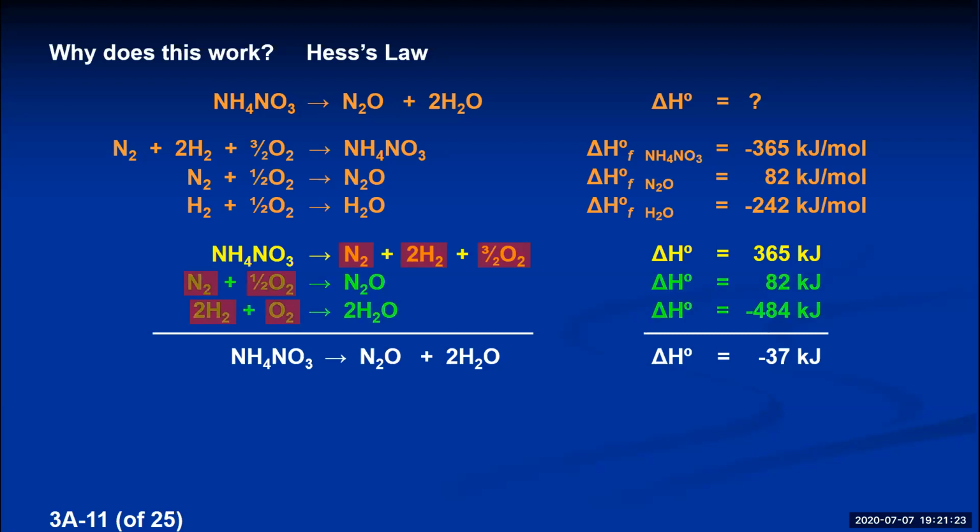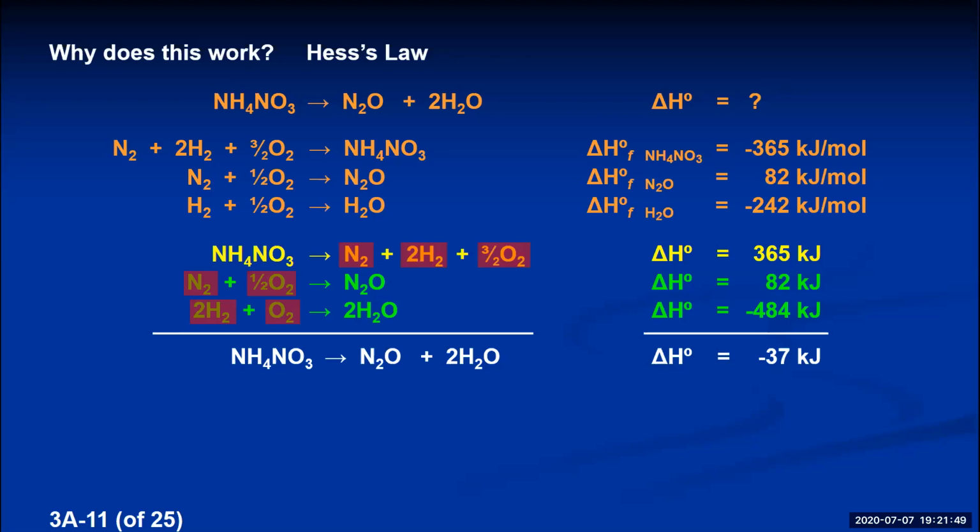Now, the other 2 substances I've colored in green here, those are products. They're already on the product side in their formation reaction. I don't reverse them. I just write them exactly how they are. So that's why I add the standard heat of formations of the products, but I do multiply each by a coefficient if I need to. So this is always going to work out. Products minus reactants will wind up giving you the delta H of an overall reaction.